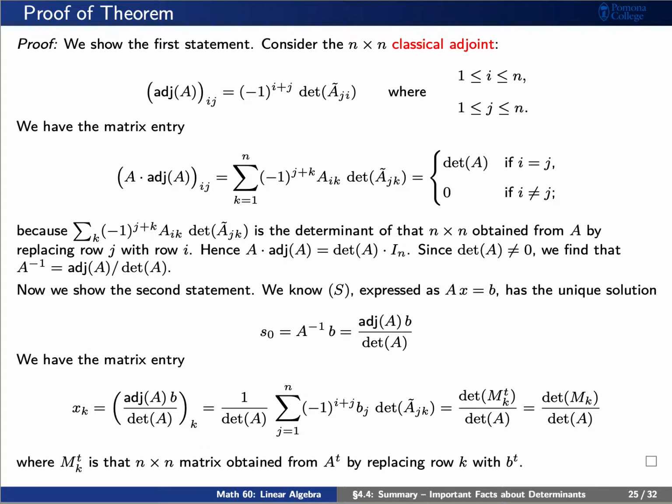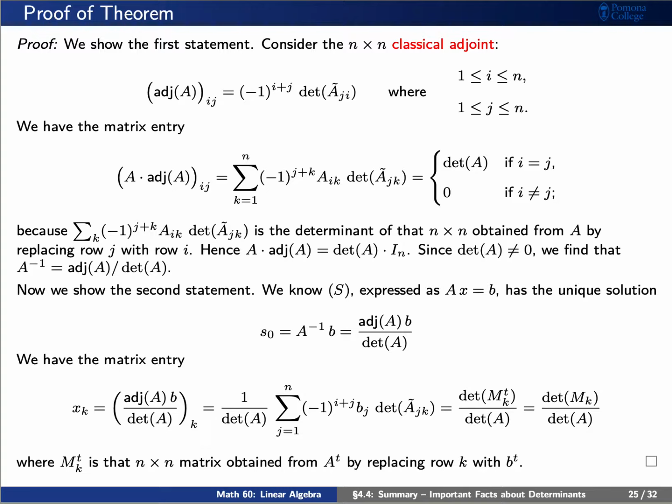Now, let's simply expand out to see what is the typical entry in this column vector. Well, we can expand as you see here on your screen, and we have a sum, j goes from 1 to n, (-1)^(i+j), b sub j, determinant A sub jk, tilde.